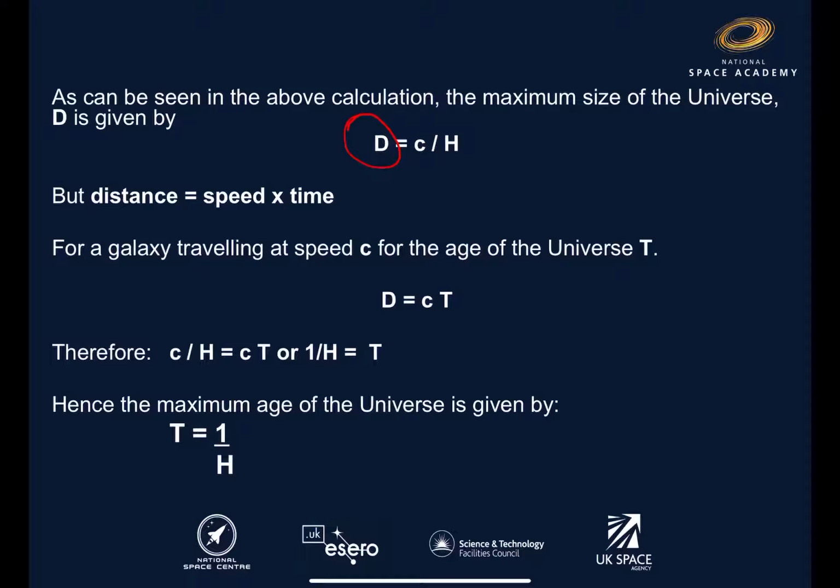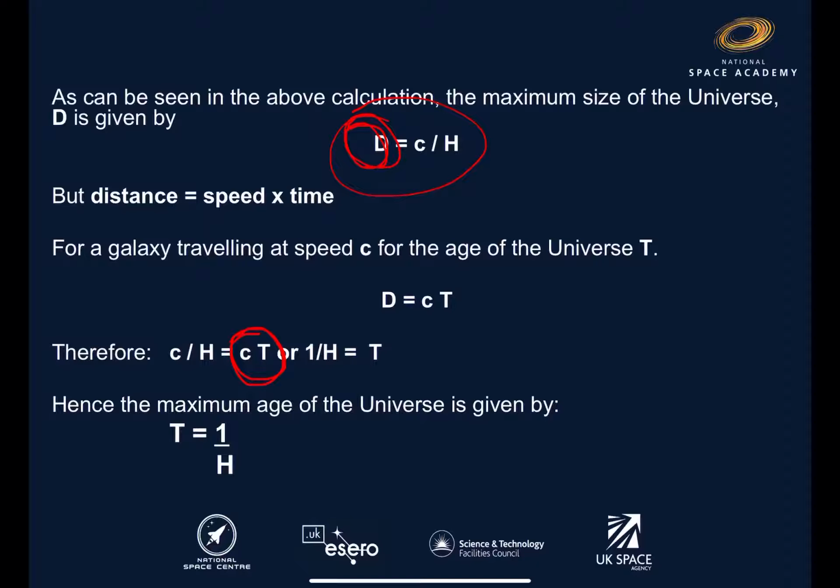So you may just want to look over that again. All we've done there is put in speed multiplied by time, same as we've got up here, but instead of d, we've just got speed multiplied by time to give us a distance. And time is what we want here. Time is the age of the universe.